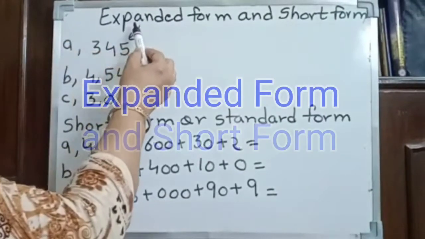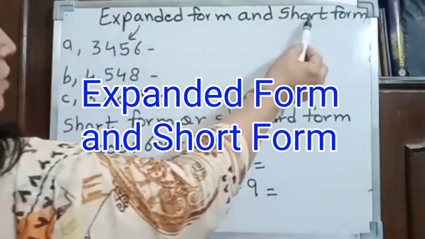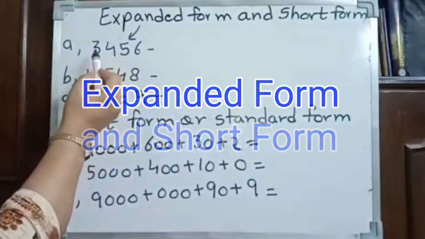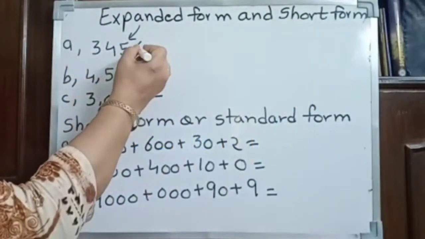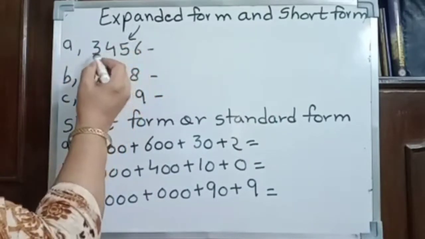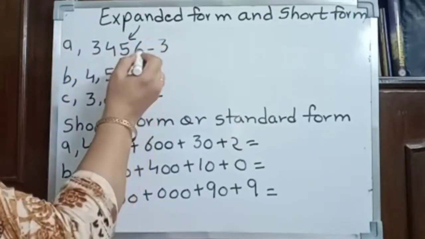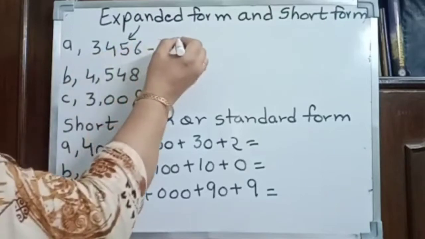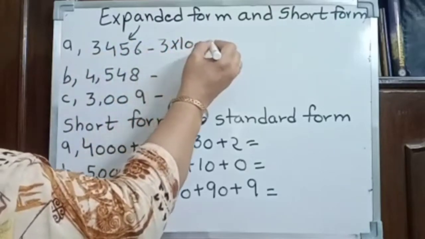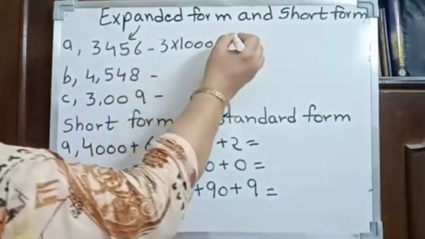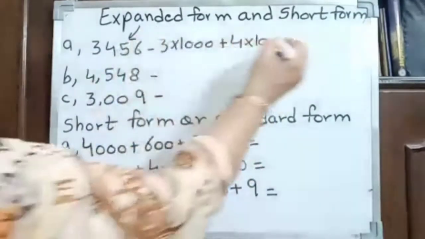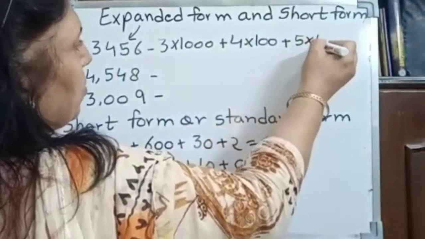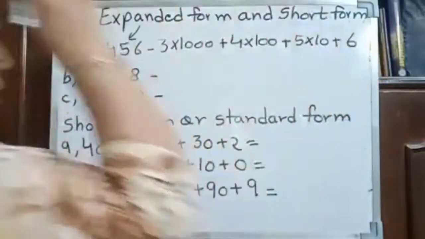Very quick revision of expanded form and short form. Means if the number is 3456, how will you expand it? 3 is in which place? Ones, tens, 100, 1000. 3 into 1000 plus 4 in hundreds place, plus 5 in tens place, plus 6.